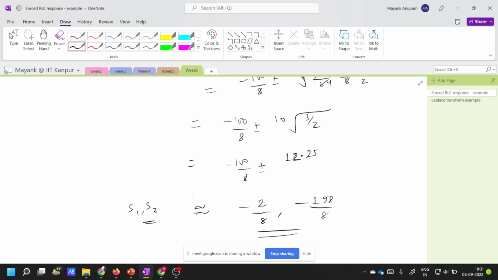It's not equal to 0. Why did you say it equal? No sir, not zero, we were saying approximately, because 100 by 8 will be 12.5, and then something minus 0.25.